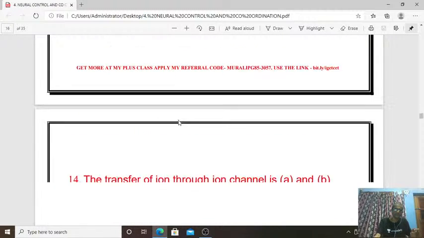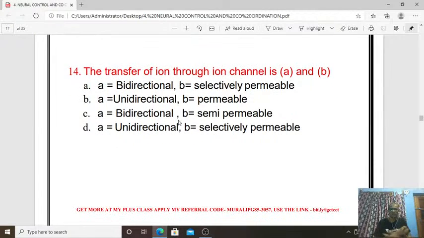Next, 14. The transfer of ion through ion channel is A and B. What does A mean, what does B mean? For the 14th one, it is bidirectional and selectively permeable.